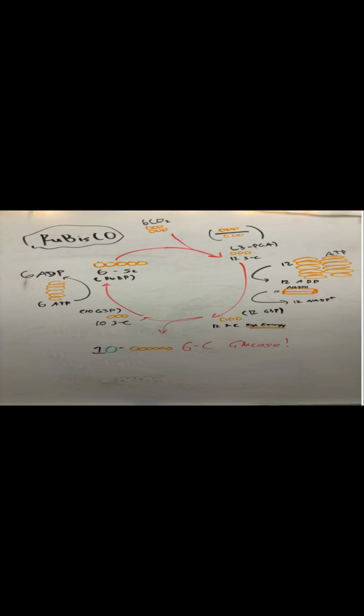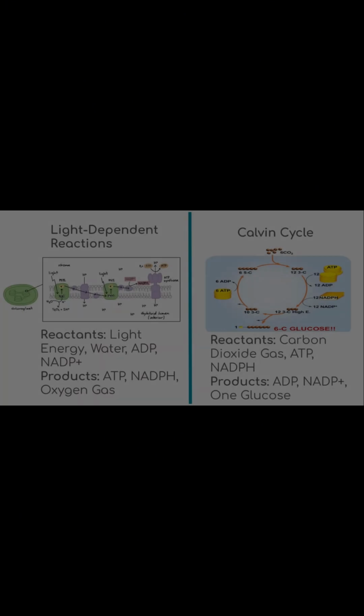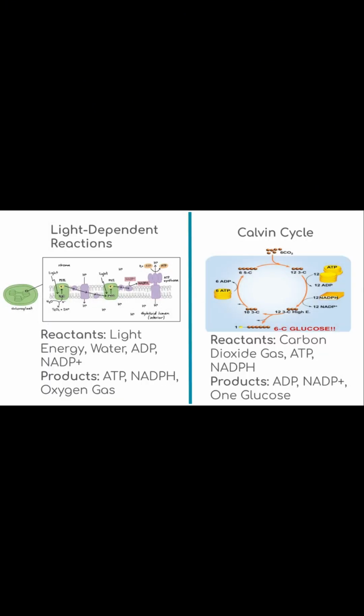As an overview of the light-dependent and Calvin cycle reactions, we see that the reactants of the light-dependent reactions are light energy, water, ADP, and NADP+, and the products are ATP, NADPH, and oxygen gas. And then for the Calvin cycle, the reactants are nearly the same, but they are carbon dioxide gas instead of oxygen gas, and they both have ATP and NADPH.